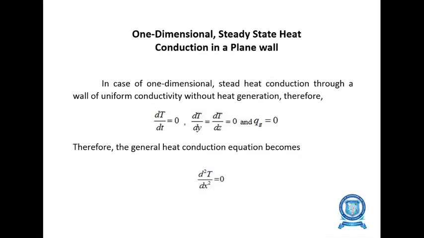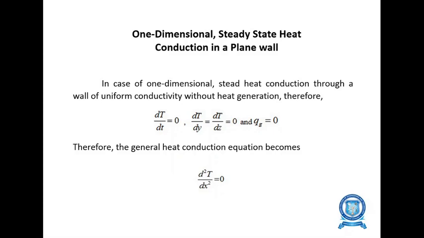When we consider the general conduction equation for Cartesian coordinates as one-dimensional and steady state in a plane wall, dT by dy and dT by dz become 0 since it is one-dimensional.